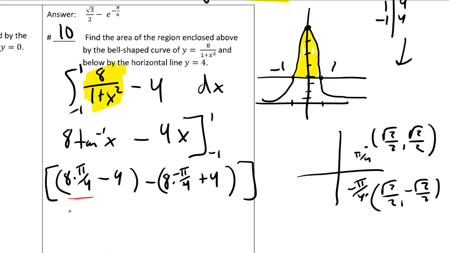And so here we get 2 pi minus 4. Over here we've got a negative, or minus a negative 2 pi. And then distribute, we get a minus 4. So in the end we have 4 pi's and a minus 8.